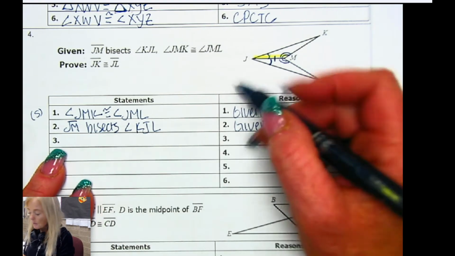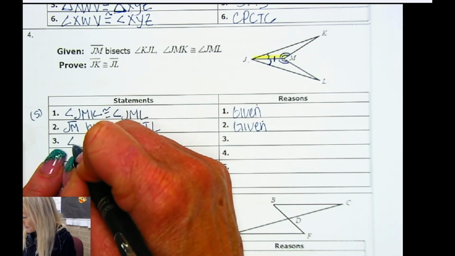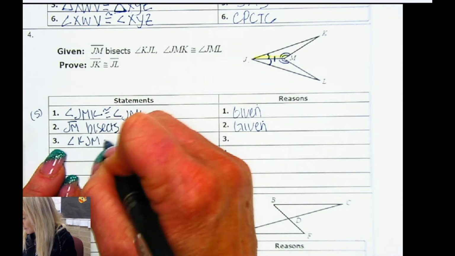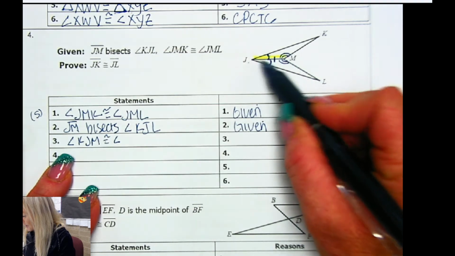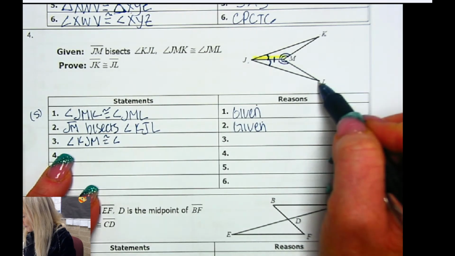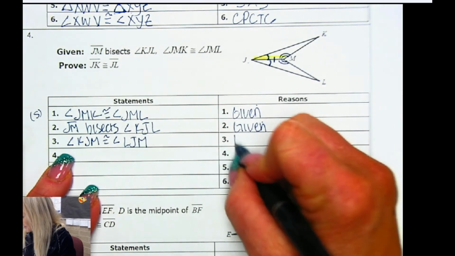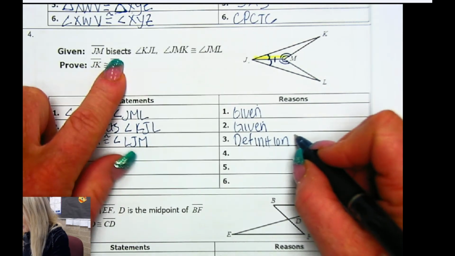But from it, we know that angle KJM, that angle right here, is congruent to, we started at K, then the none, then JM. So we're going to start at the none, no arcs, so LJM. Angle LJM, and that's by definition of bisector, or bisects.